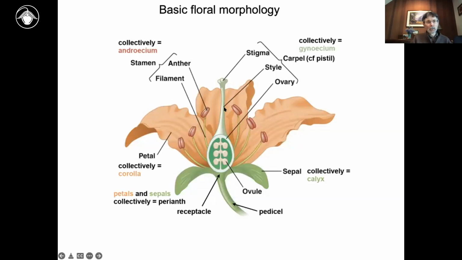Now, an individual structure here, like we see in this gynoecium, with a stigma where pollen germinates, with a style through which the pollen tubes grow down to reach the ovules, inside the ovary, which is this chamber that contains the ovules, which are immature seeds.